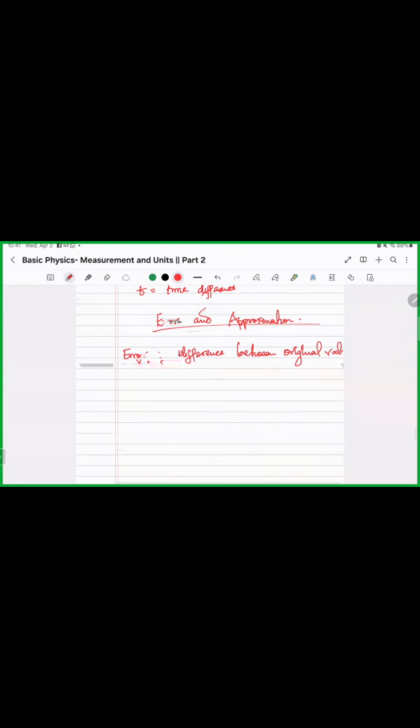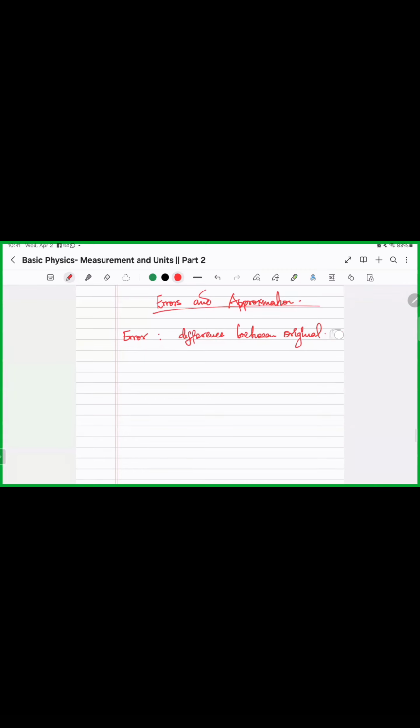Errors focus on the difference between the original value and the measured value.